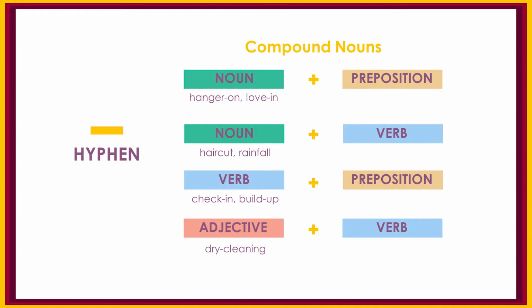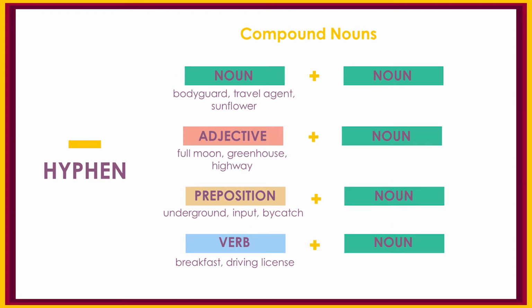We have noun plus preposition, a noun plus a verb plus a preposition, an adjective plus a verb, a noun plus noun, an adjective plus a noun, a preposition plus a noun, and finally a verb with a noun. All of them are combinations in order to create compound nouns.